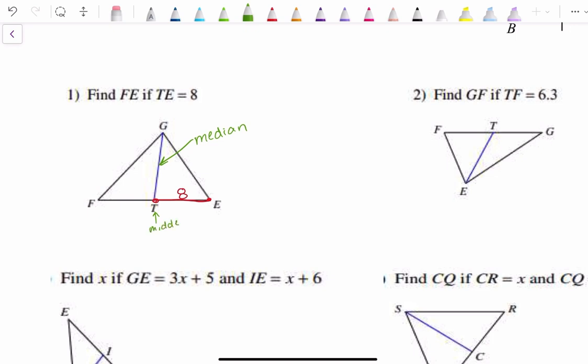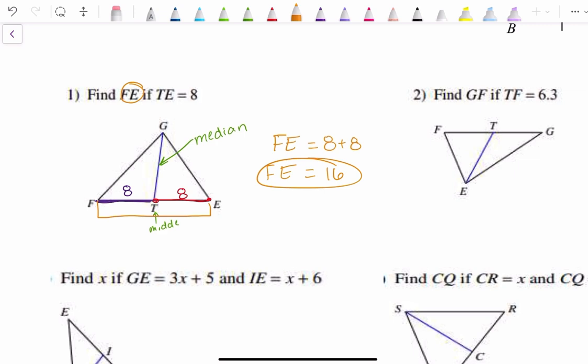And if that's perfectly in the middle, then this other half has to be the same as the first half that we know, which means it is also 8. So FE is equal to the length of the whole side, which is 8 plus 8, so 16.